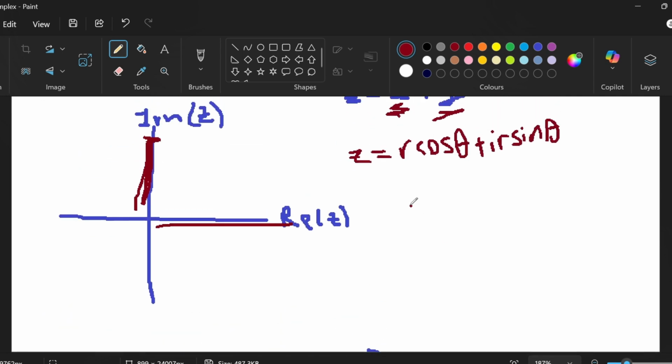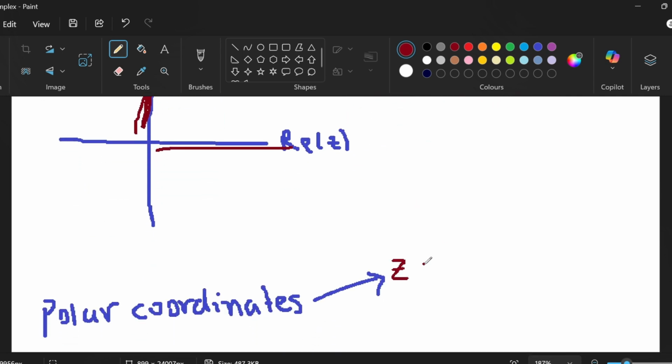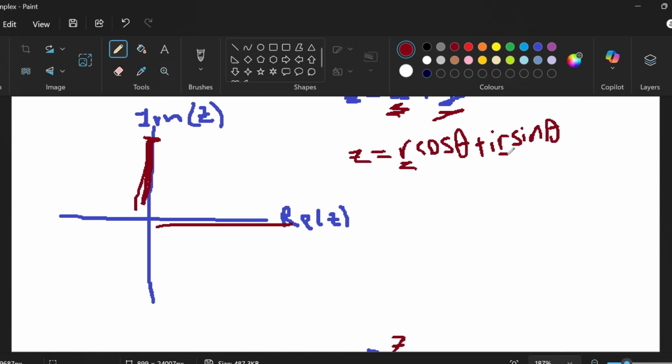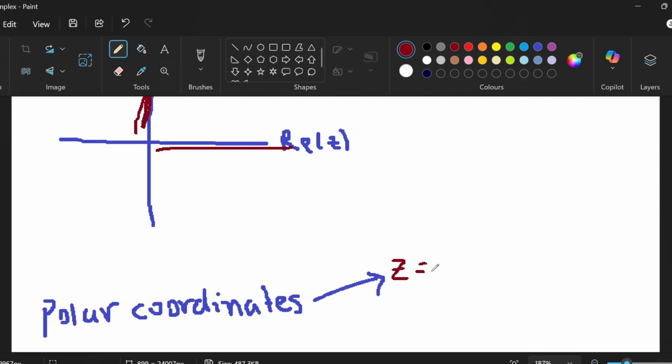And this is how we get the polar form. For any complex number, we factorize out r, and we get that z is equal to r times cos theta plus i sine theta.